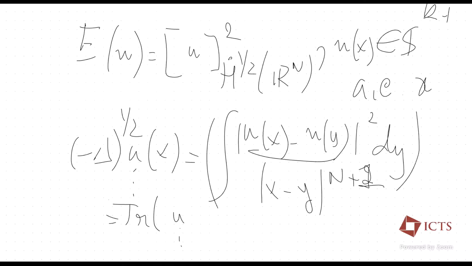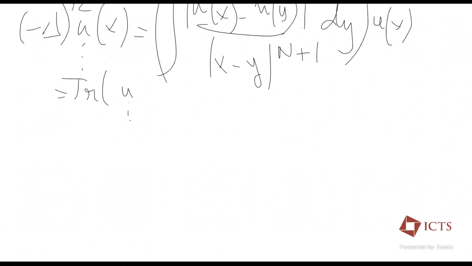And here, U of X. Okay, and this term here is really like a gradient, right? Or half gradient, I should say. It's really like the square of a half gradient.